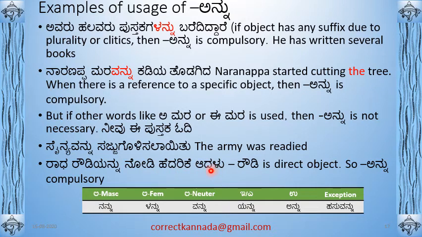Agu is to be. Agu is to become. Ada is became. So she became scared. Okay, Hedarike is scared. So she became scared. Nodi, after seeing the rowdy, Radha, Hedarike. So here rowdy is a human and therefore rowdiyan is used. Direct object. Okay, rowdiyan. Okay, let's see the next slide.